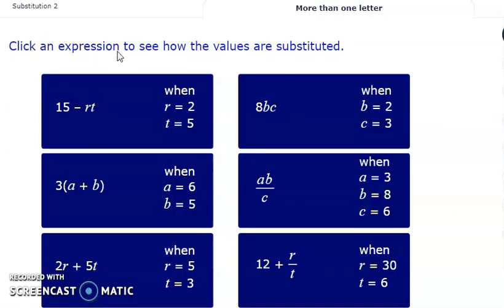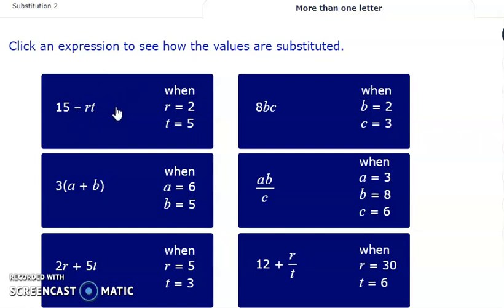Click an expression to see how the values are substituted. So we have this expression, and r is given as 2 and t is given as 5. rt stands for r times t, so 2 times 5. 15 minus 2 times 5 is 15 minus 10, so the answer should be 5.